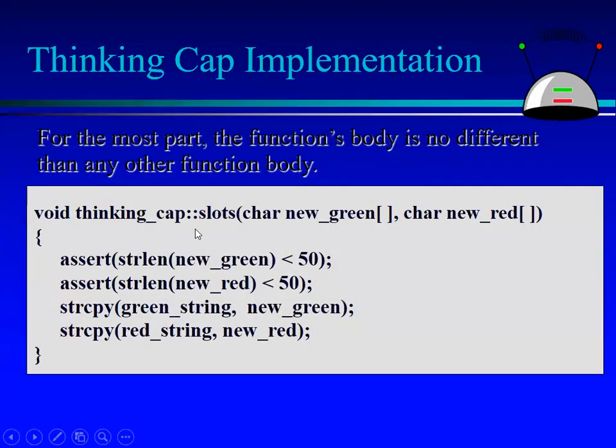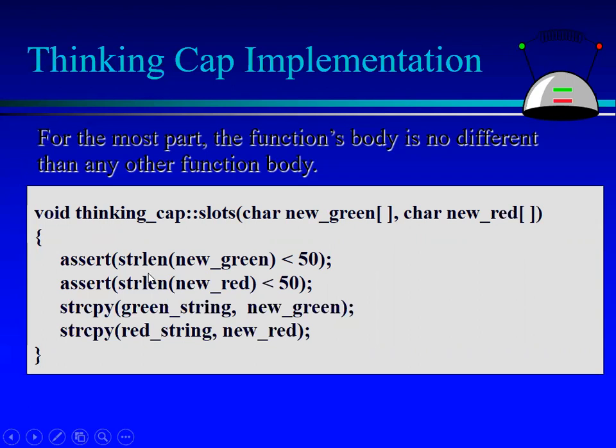Then the class name, because from which class we have taken this function is described by thinking_cap. So this is the name of the class, which I need to mention. Then after that, the name of the function which you would like to implement.